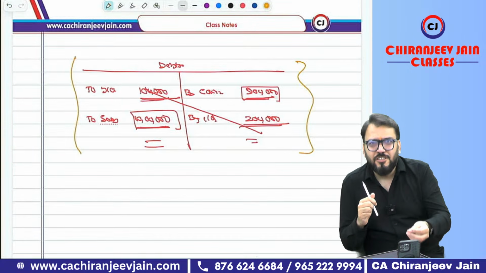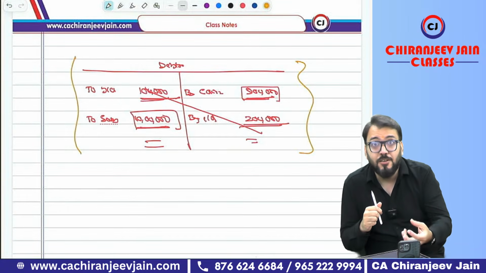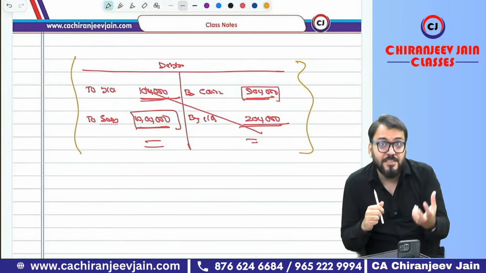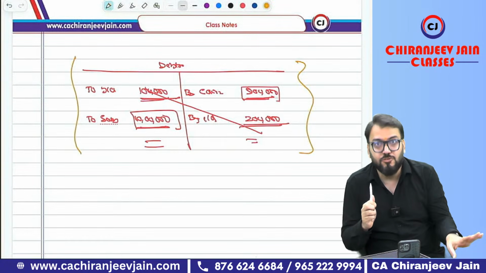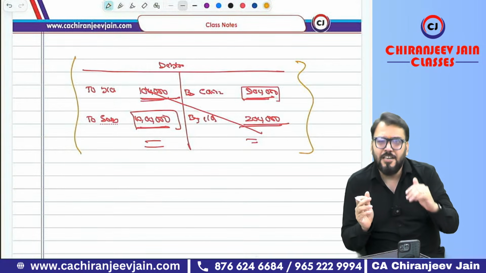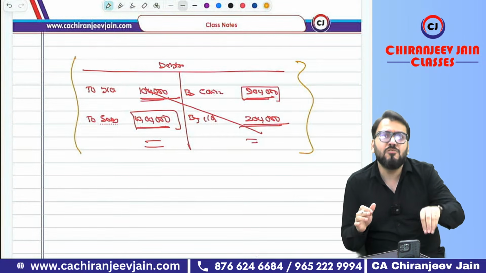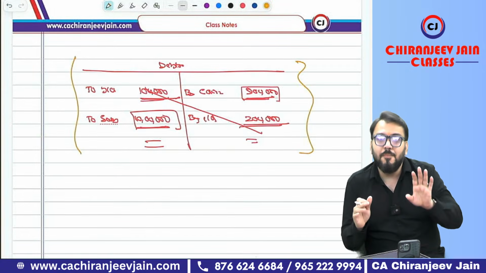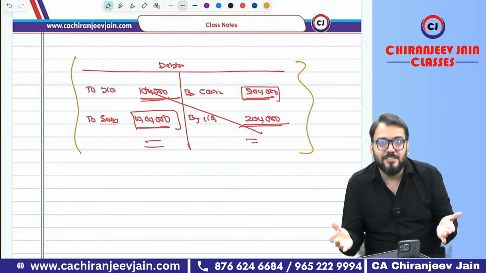I'll just announce it. One request to all of you: spread the word to your juniors that anyone who is in class 11, 12, if they want to learn conceptual studies about 11, 12, they can join my channel. I will soon start my new channel for 11, 12. It will be from the base. I'm not worried. Even if one student, two students, three students are learning from me, I'm happy with that, because right now it will be totally new for me for class 11, 12.